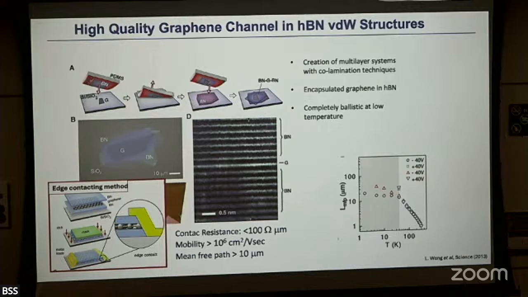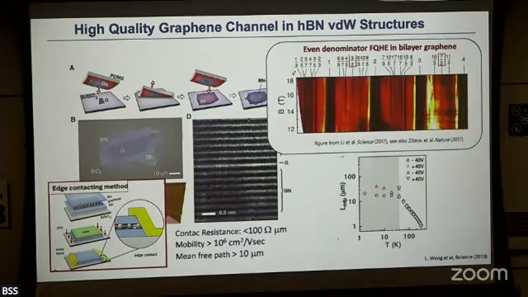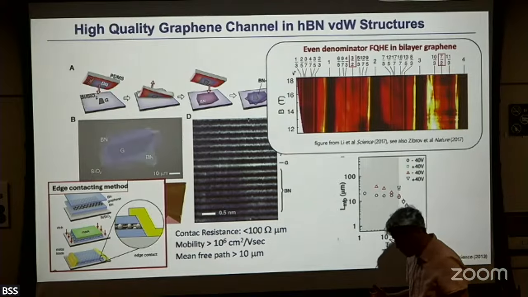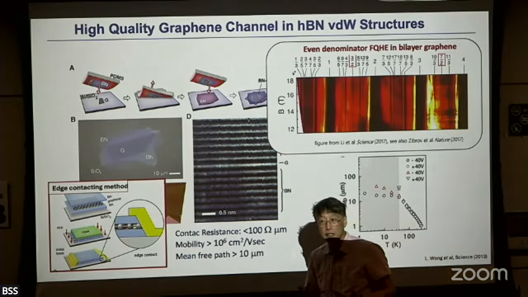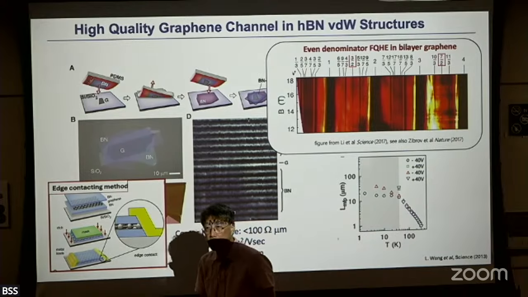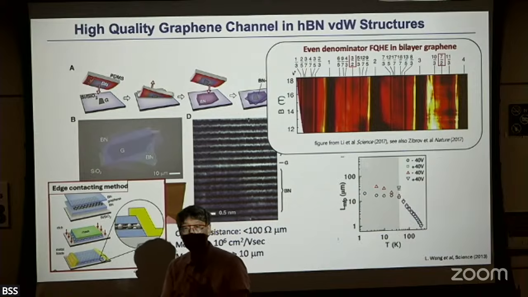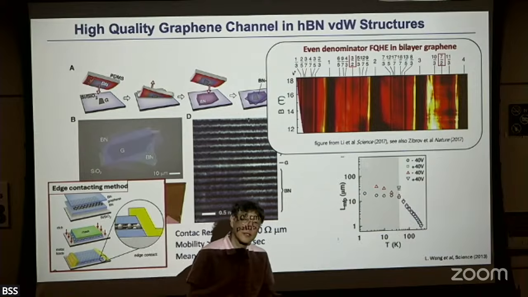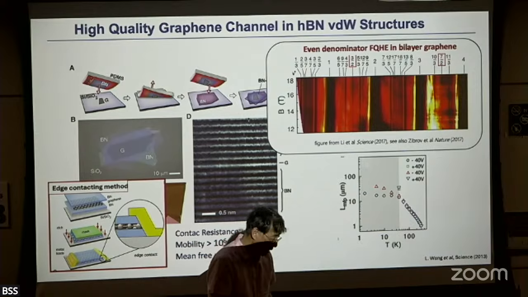But even more so, in graphene with a magnetic field and control, you start to get a lot of even denominator states very strongly. It turns out that in graphene, the form factor of the wave function is different, as is the interaction parameter.